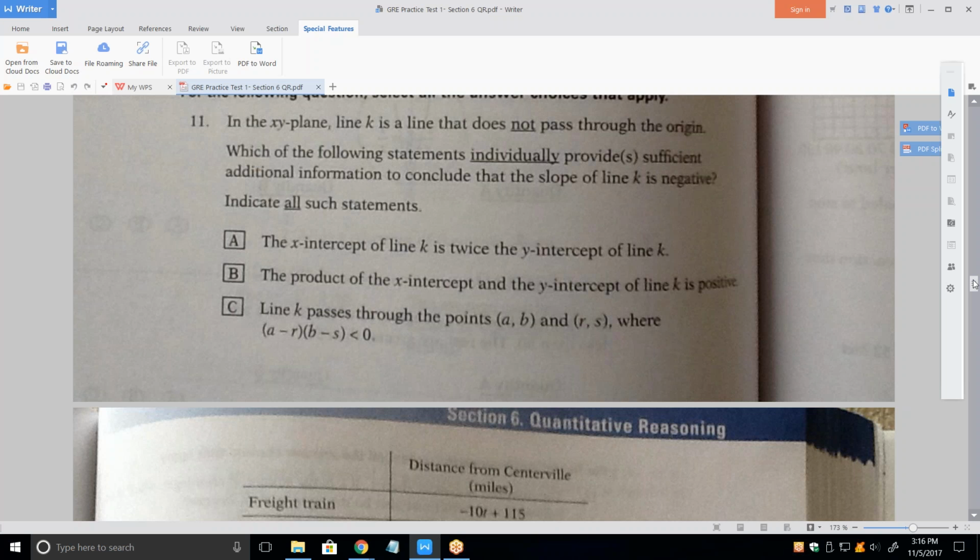Although this concept of slope is very important. You definitely need to understand slope. And you need to understand it in the concept of being rise divided by run and what that means about the 2 points that you're given. In other words, if they give you 2 points, you need to be able to figure out the slope between those 2 points.